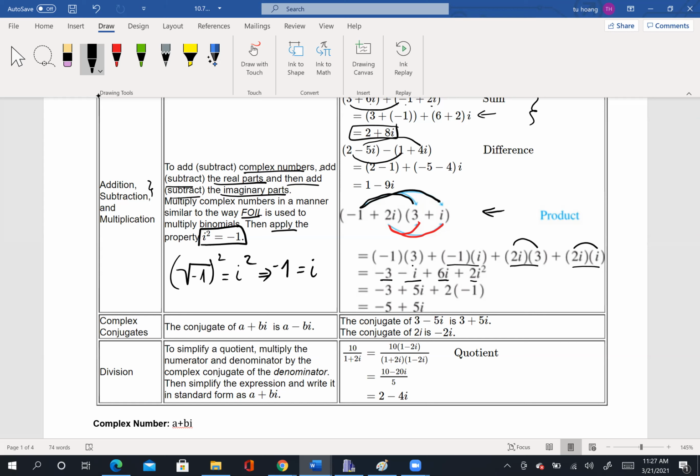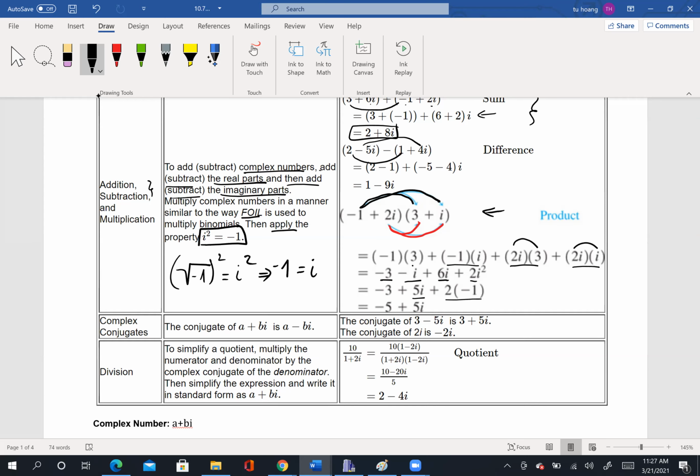The first term is just the real part, so negative 3. And then negative i plus 6i is 5i. And then 2 times i squared changes to 2 times negative 1. And finally, you combine the real numbers: negative 3 minus 2 is negative 5, plus 5i. That is very simple, right?